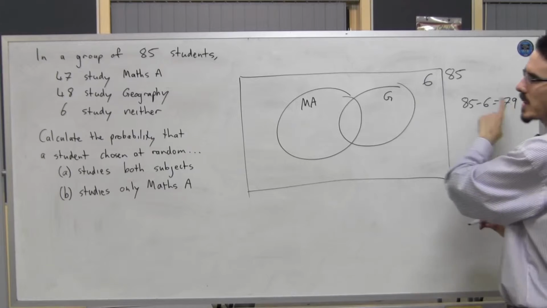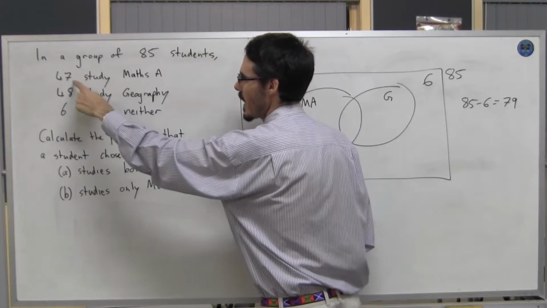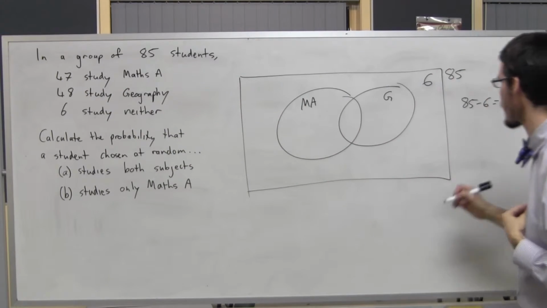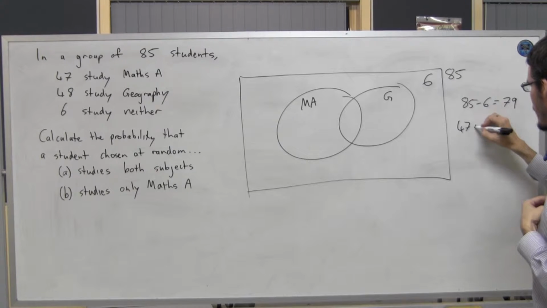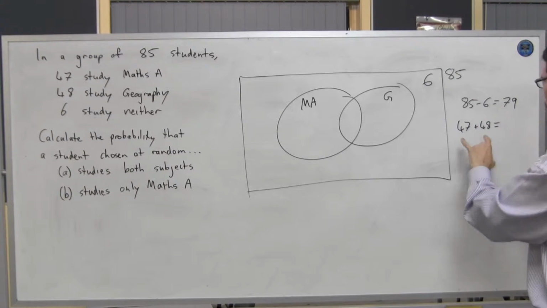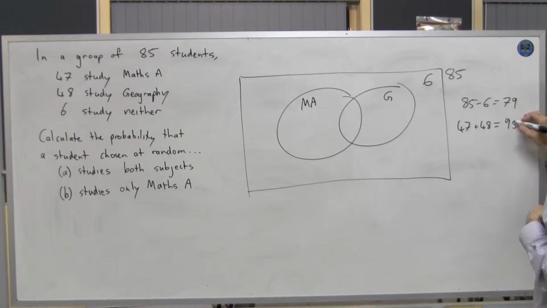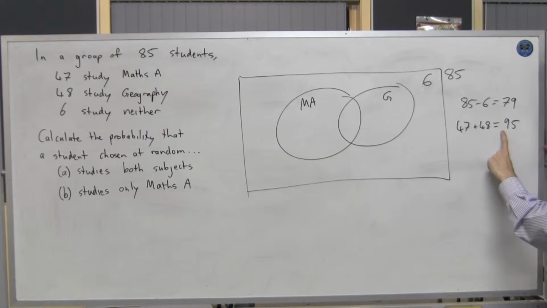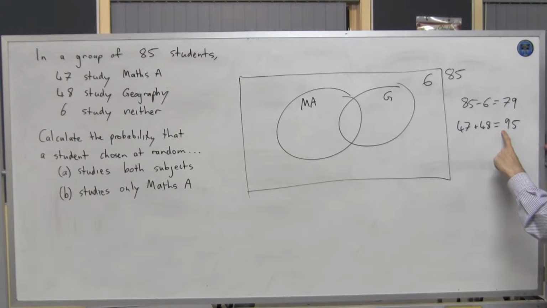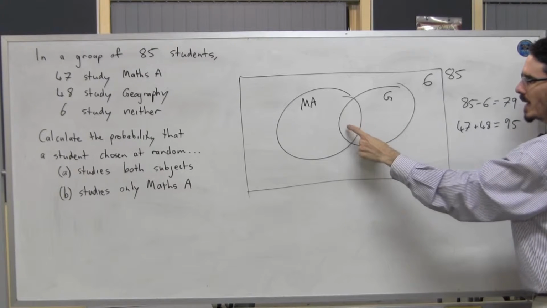In those 79 students, I've got 47 doing Maths A and 48 doing Geography. Well, 47 plus 48 makes 95. If there's 95 who study Maths A and Geography, and there's only 79 students to choose from, then how many go in the middle?